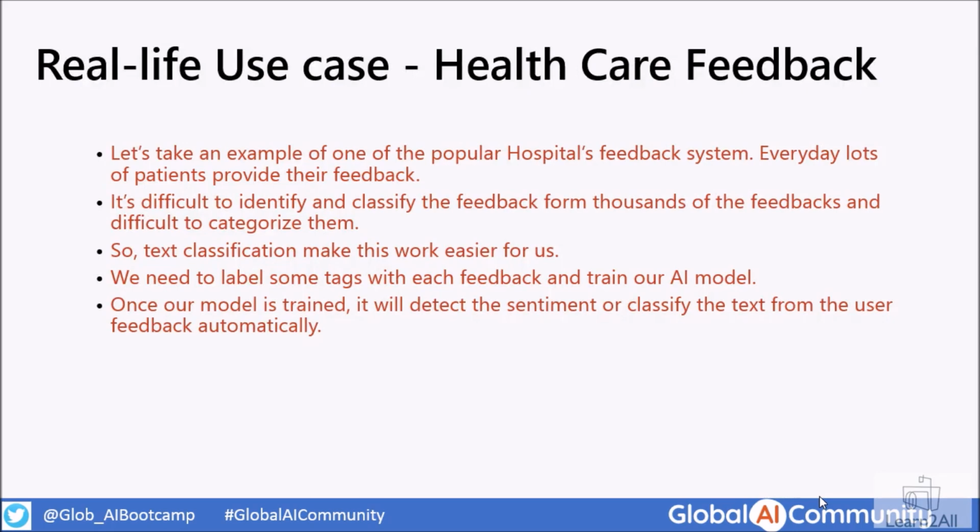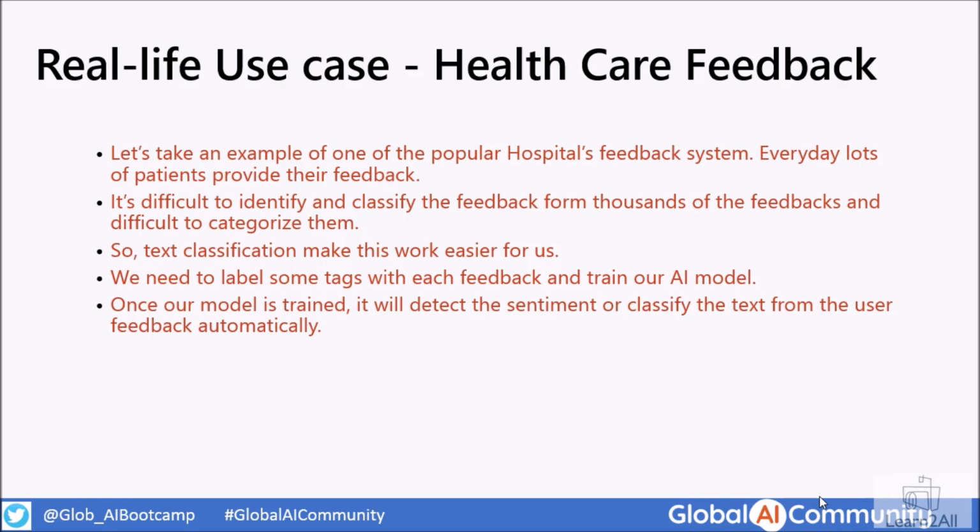First of all, let me explain the real-life use case. Let's say, for example, consider a healthcare feedback system. Every day patients are submitting lots of feedback to us. It's difficult to identify and classify the feedback from the thousands of feedbacks that we receive. It's difficult to categorize them.